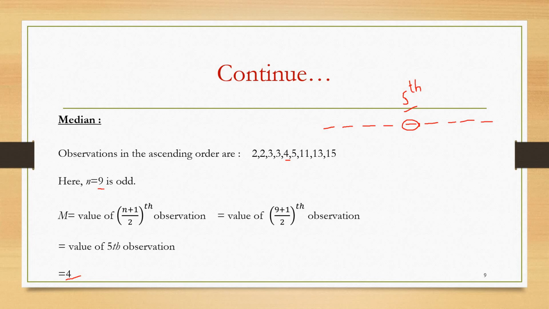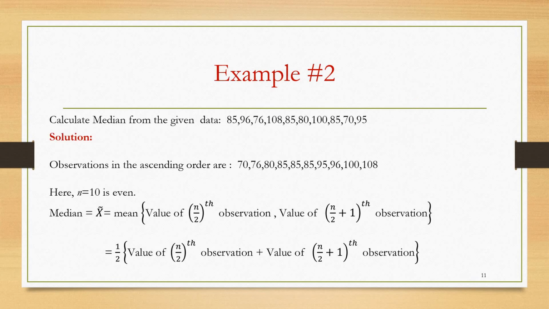While calculating mean and mode, it doesn't matter whether we have even number of observations or odd number of observations. The formula is the same. But when we have to calculate median, the number of observations matter.